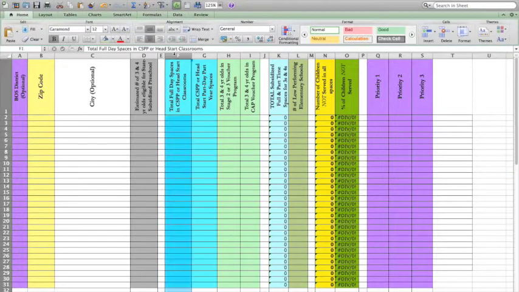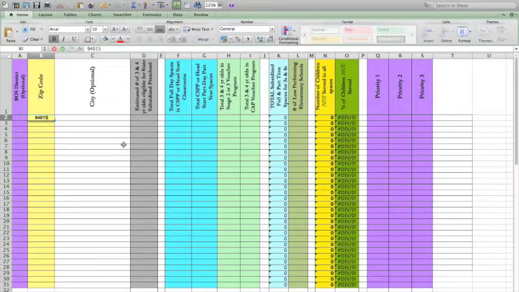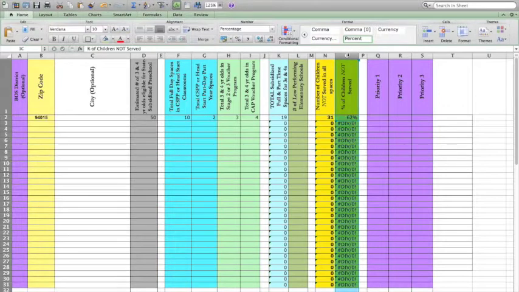Those are the changes to kind of say here's all our center-based subsidy supply, and here's all our voucher supply, and here's our total full and part day. If you plug those in, it will do the calculations for you, and it will yield in the yellow the number of children not served, and it will show you the percentage of children not served.